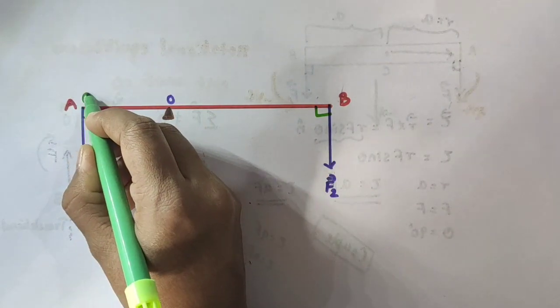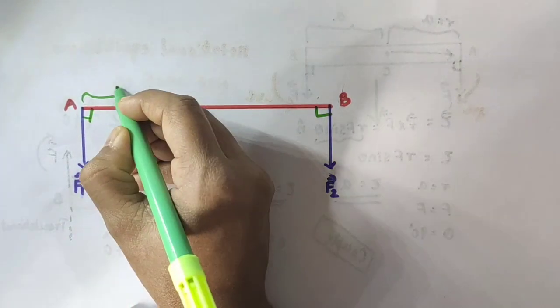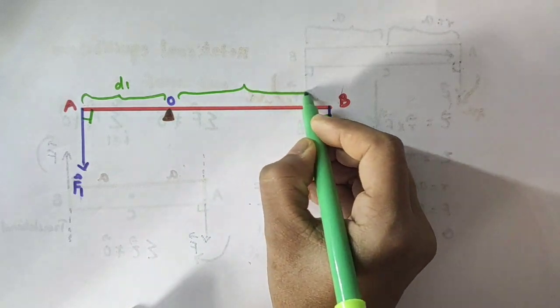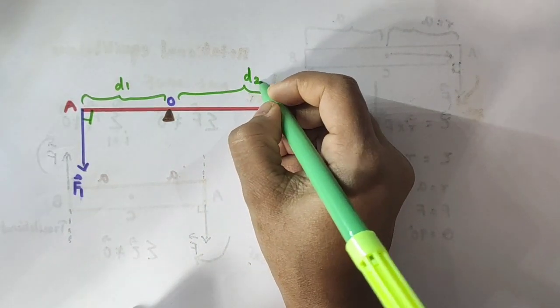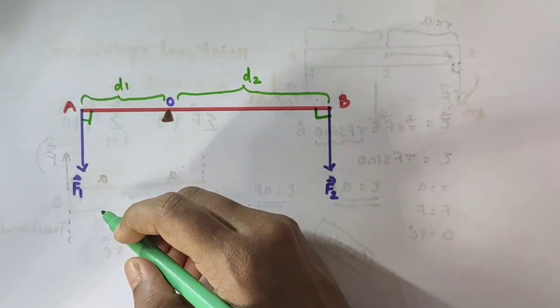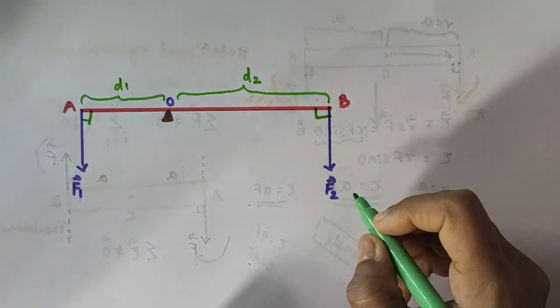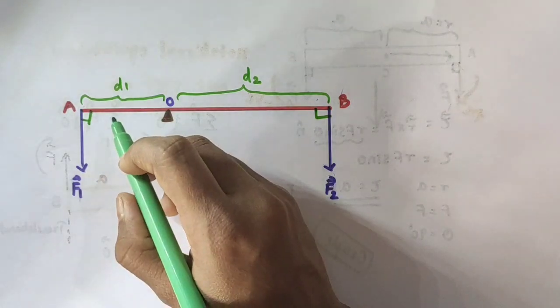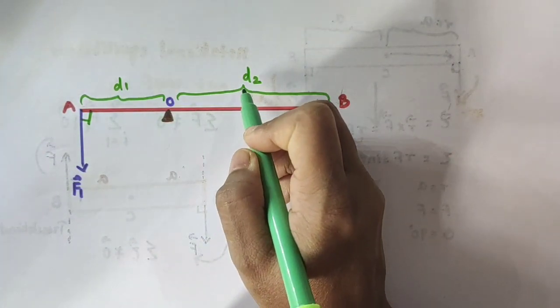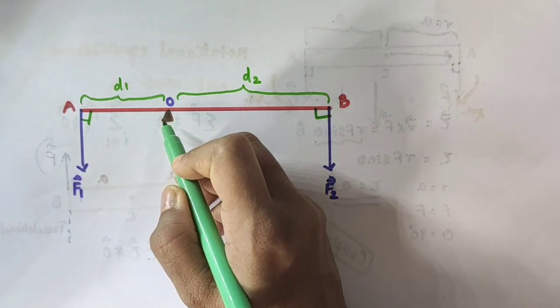Let this distance be D1 and this be D2. That is, the two forces F1 and F2 act on this lever at distances D1 and D2 respectively from the fulcrum O.